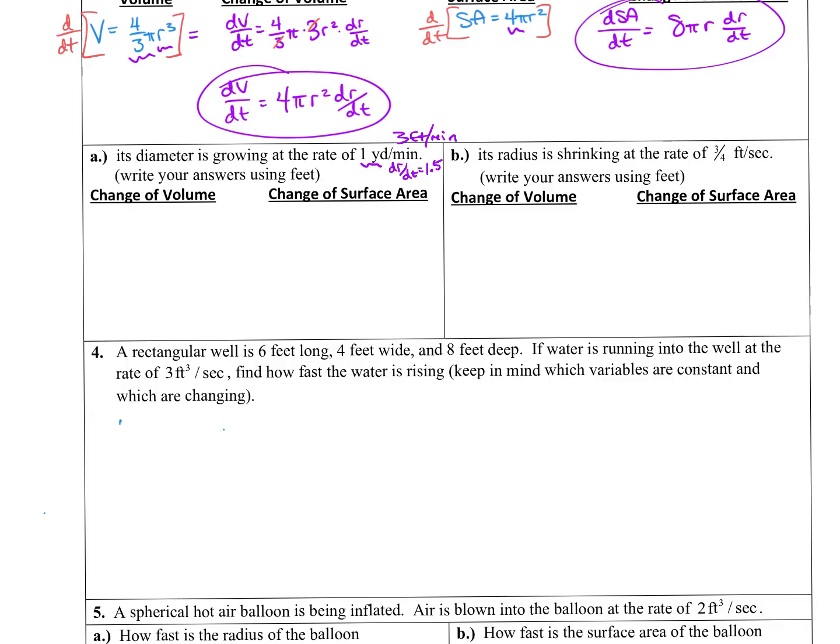All right, so the change of the volume, we already have the formula. dV/dt equals 4 pi r squared dr/dt. And now we could plug in the values. We know the radius is 9, and we know that the rate of change dr/dt is 1.5.